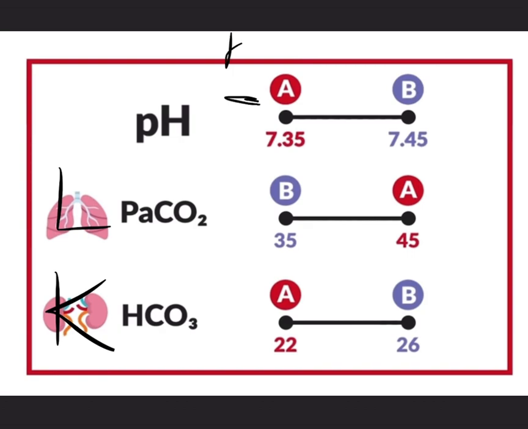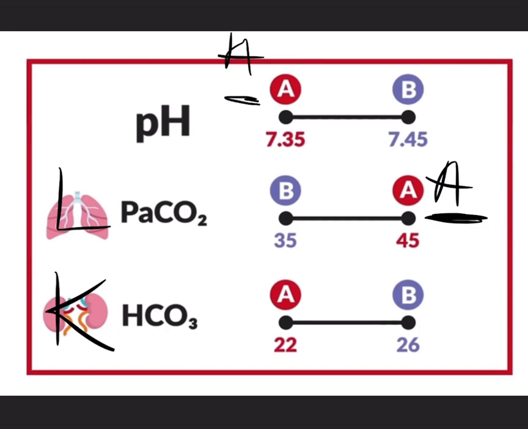It is acidic. Okay, so now we need to find our partner. PaCO2 is 55, so it's hanging out here. It's acidic, all right? So there we go. We have our match. So the first part of this answer would be respiratory acidosis.